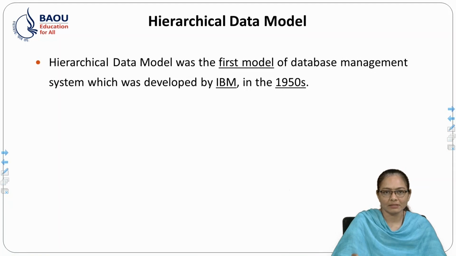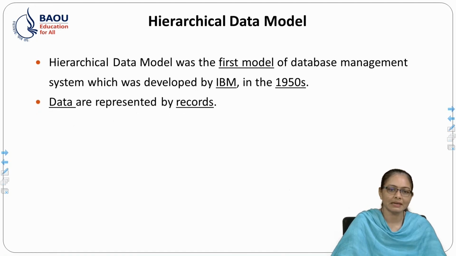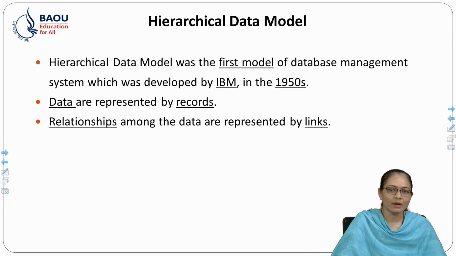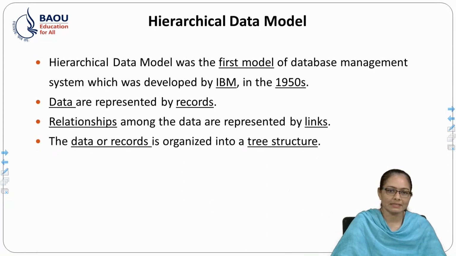In this model, data is represented by records and the relationship among the data is represented by links. The data or records are organized into a tree structure. Basically, the hierarchical data model uses the tree structure model.